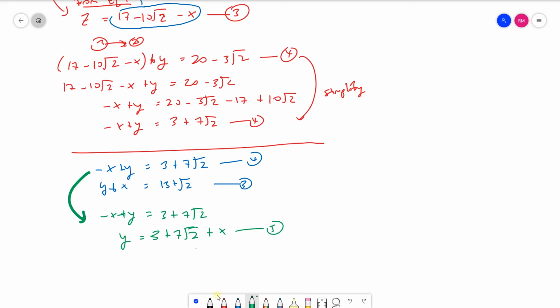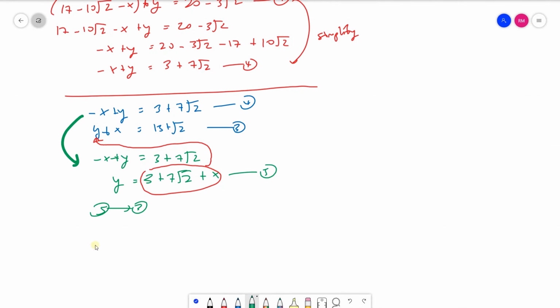Now I can substitute the value of y inside equation number 3, the second one, correct? So that's what I'm going to do now. Substitute equation 5 inside equation number 3, where instead of y, I'm going to write 3 plus 7 surd 2 plus x, and then plus x equals 13 plus surd 2.